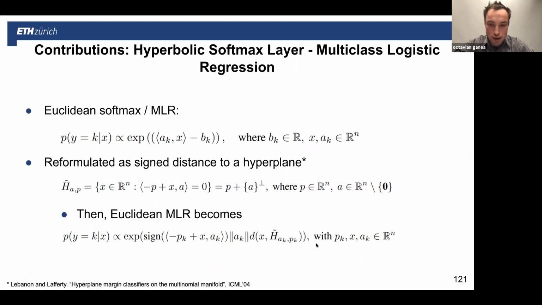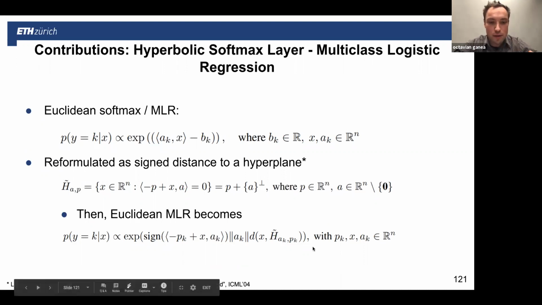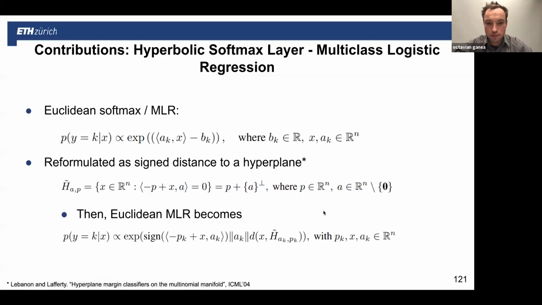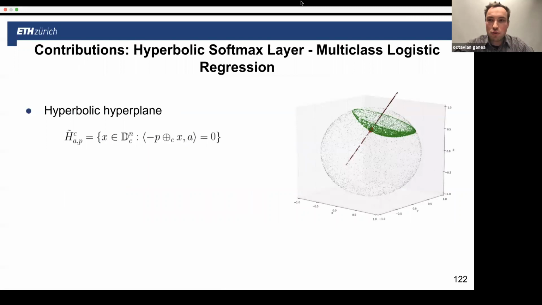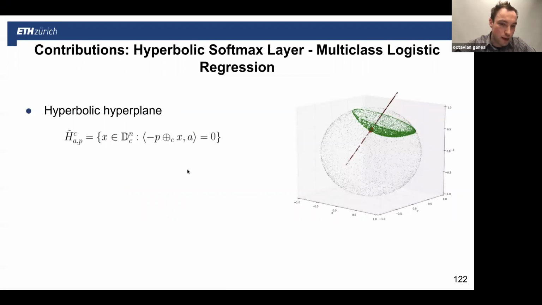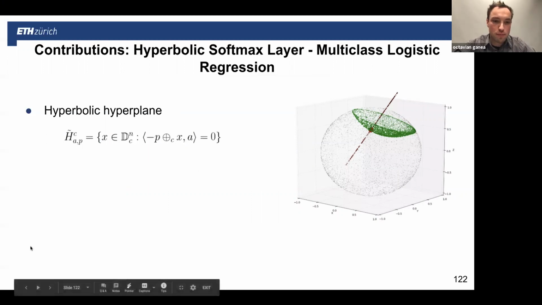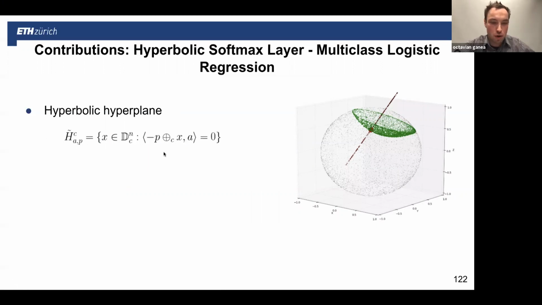And now using this last equation, we actually needed this in order to generalize it to the hyperbolic space, or to a non-Euclidean space. The first challenge was to define what a hyperbolic hyperplane is. And we did it in a very analogous manner to the Euclidean space, except we now use the new plus, the new zero addition.